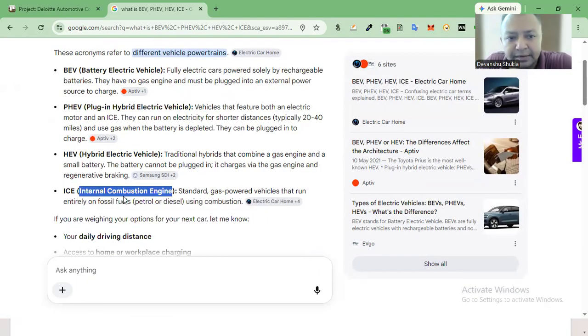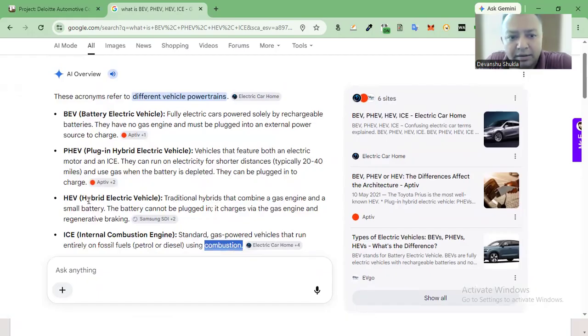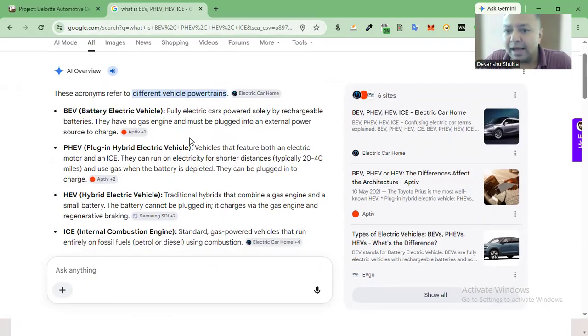Okay, so internal combustion engine is those which are run by gas powered or by fossil fuels like petrol or diesel using combustion techniques. ठीक है, और hybrid electric vehicles और plug-in hybrid electric vehicles और battery electric vehicles. ठीक है, इसके अक्रॉस हमें पहला डिसीजन मेकिंग करना है. I believe this is clear.